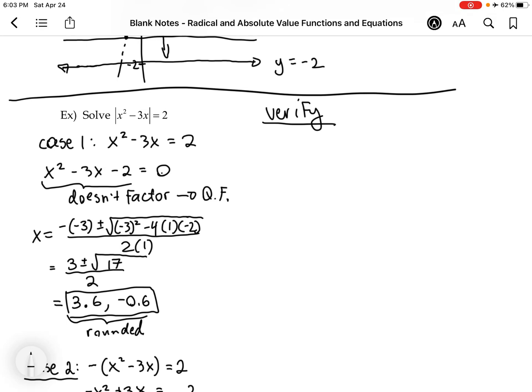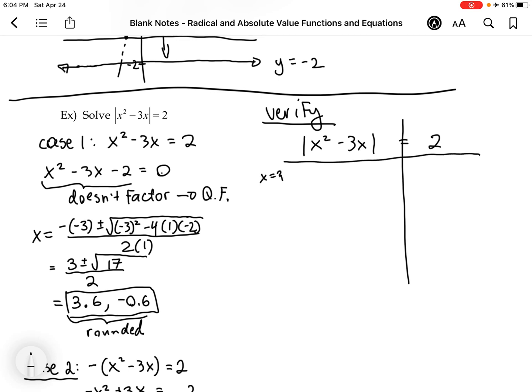Okay, so we're looking at the absolute value of x squared minus 3x equals 2. And so if we start with plugging in x equals 3.6, so I'm looking at the absolute value of 3.6 squared minus 3 times 3.6.